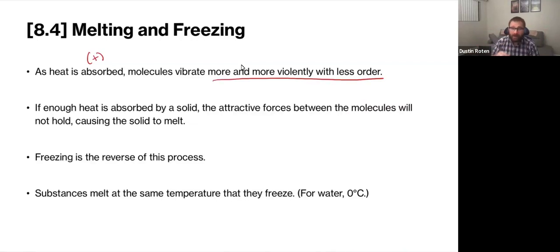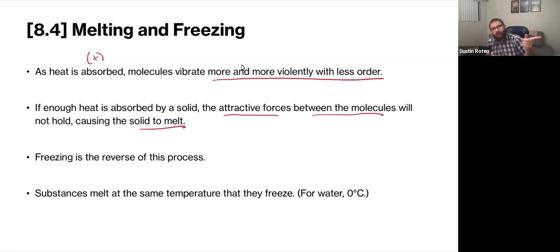If you can add enough heat to the solid, then those attractive forces between the molecules can't hold anymore. So you can imagine if you have solid butter and you start adding heat, those molecules holding the butter together are going to start breaking down because they're moving so much. And then that's when your butter or whatever solid starts to melt. That's how you lose that nice shape and it starts just turning into goop.